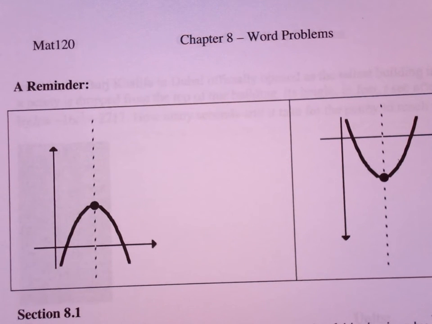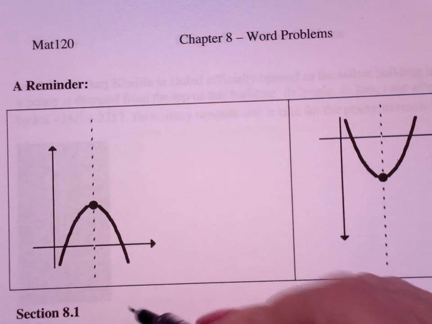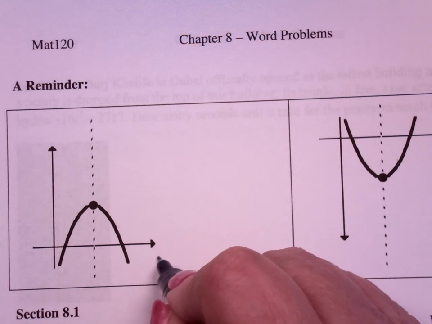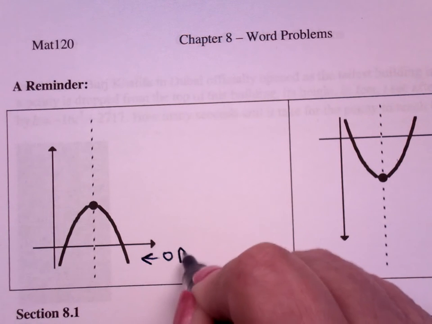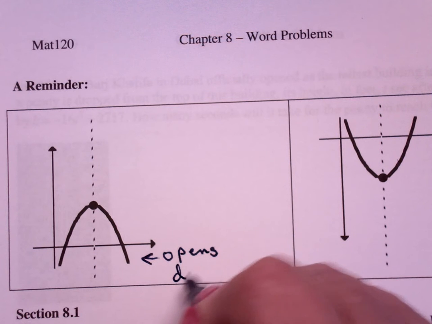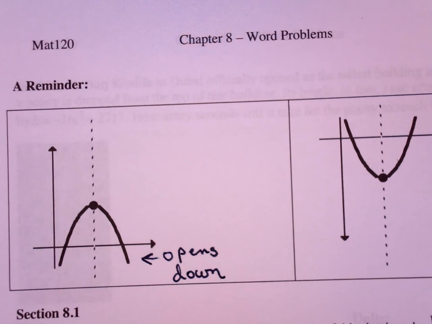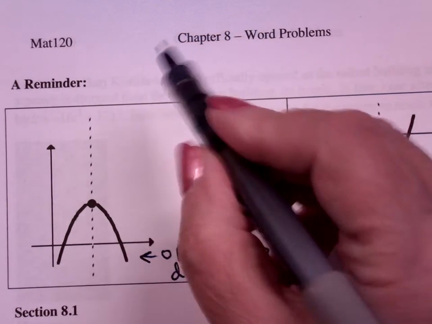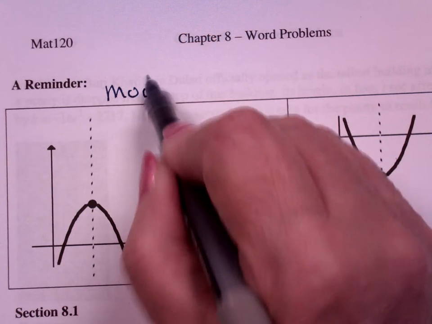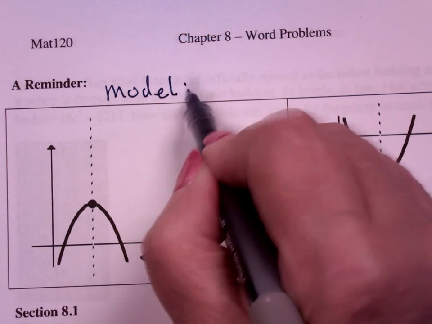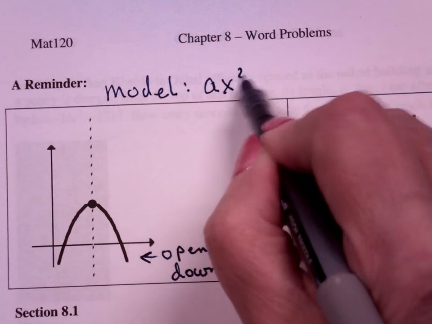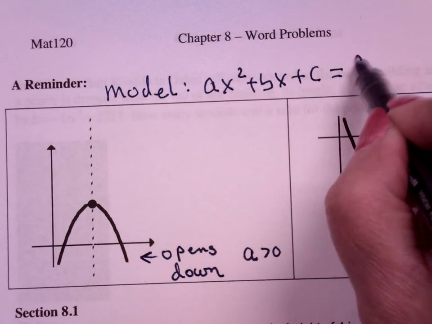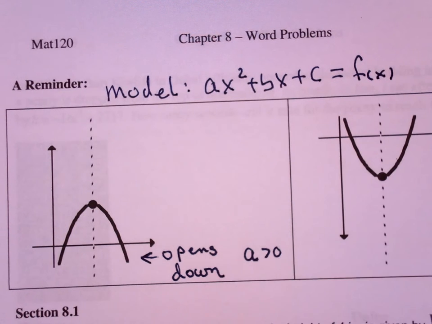We want to remind ourselves of the two graphs, one of them being that when it opens down, we know that the leading coefficient is negative. That means that my model is always going to be ax squared plus bx plus c, and this should be equal to f of x or y, either way.